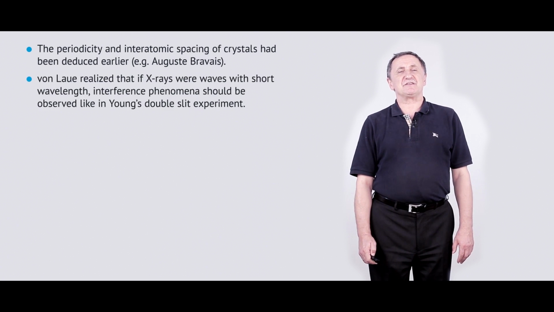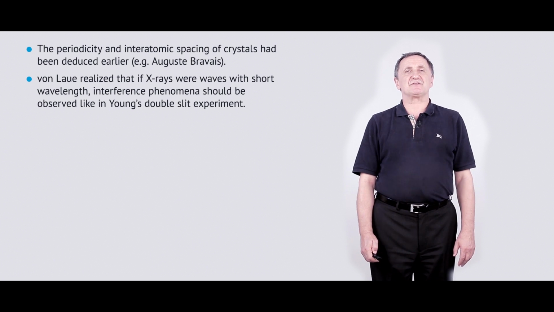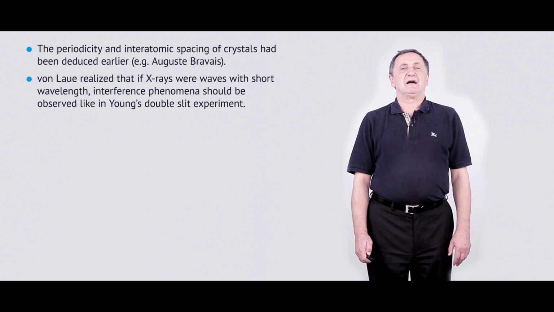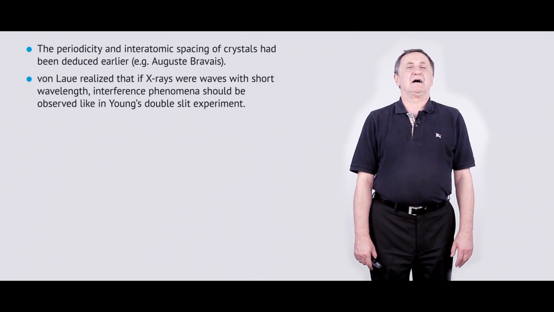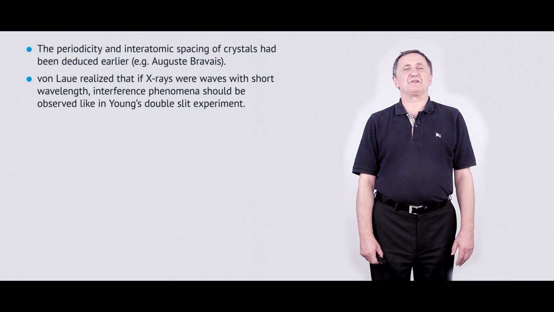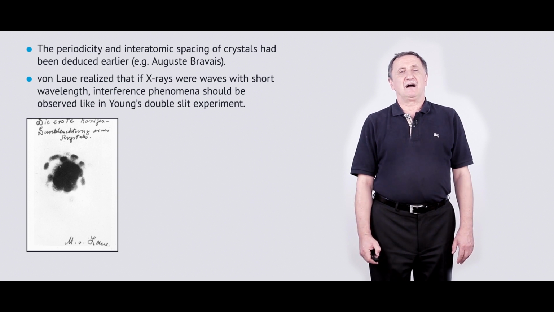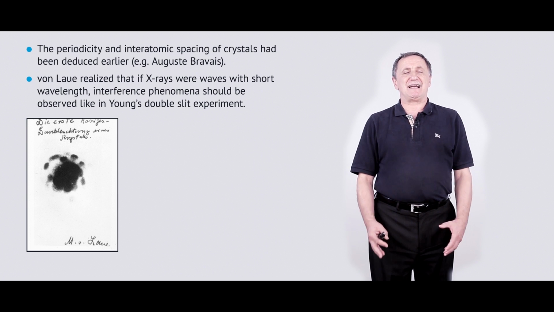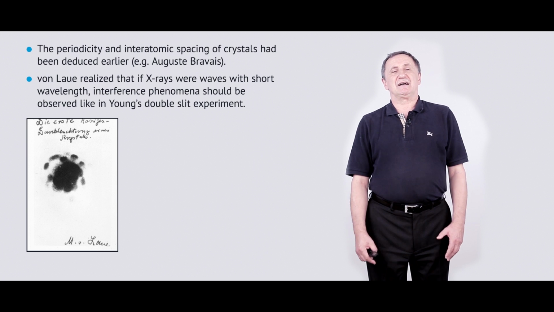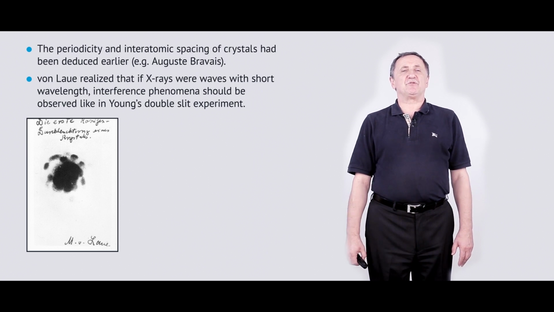So having these X-rays in hand, Max von Laue, based on the idea explained by Bravais, we already talked about the Bravais lattice, had the idea that indeed every crystal structure is nicely an array of a number of slits, if you want.